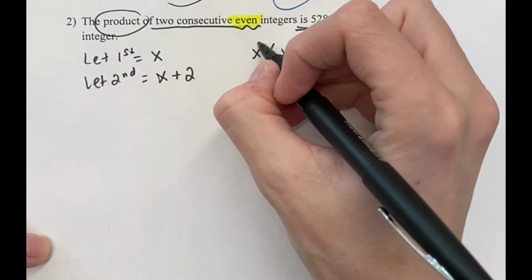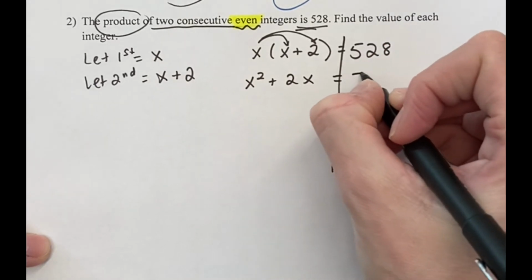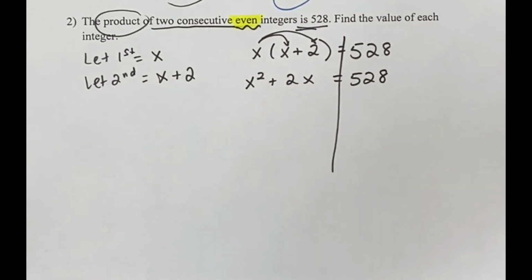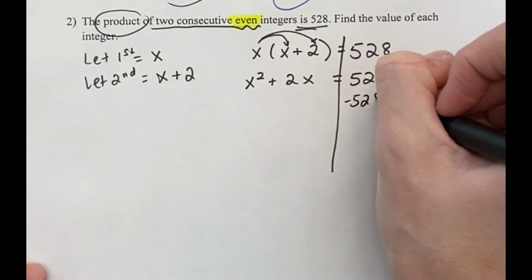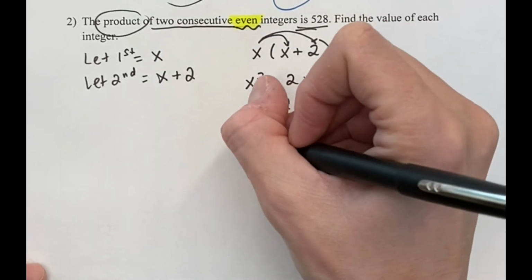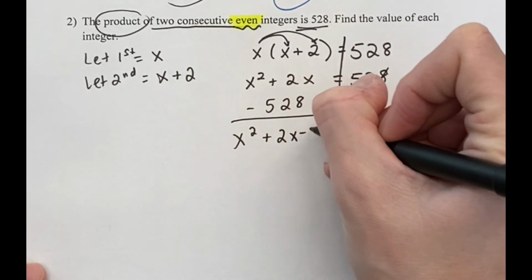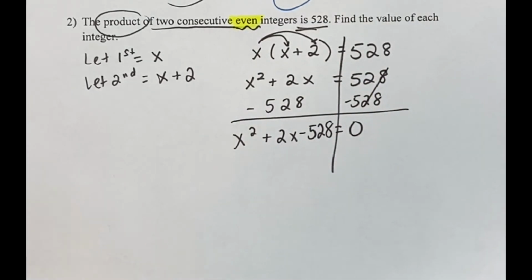So now we're going to solve. First we distribute, and we get x squared plus 2x equals 528. So now I have an x squared and an x, so I need to set it equal to 0. So I subtract 528 on both sides, and I get x squared plus 2x minus 528 equals 0. So now I notice that this is a trinomial.